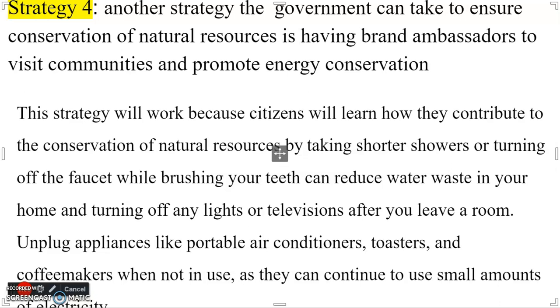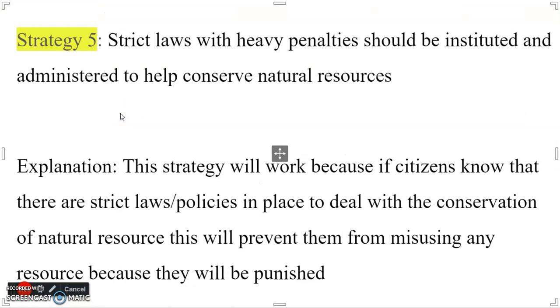They can also learn about turning off lights or televisions after you leave a room, and unplugging appliances like portable air conditioners, toasters, etc., as they can continue to use small amounts of electricity, and this will help to promote energy conservation, right?